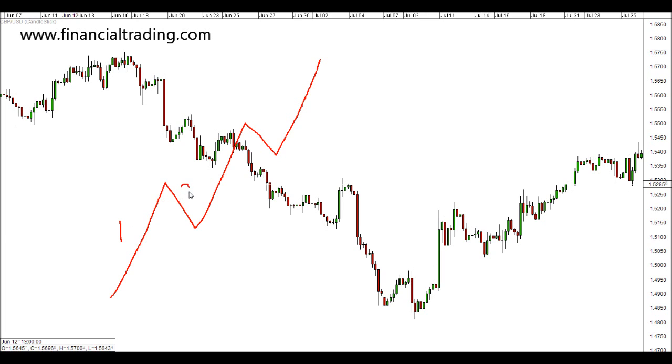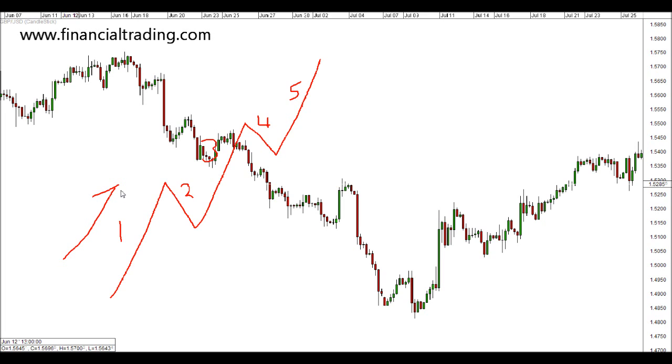And these pushes and pullbacks would be numbered: 3 pushes and 2 pullbacks. These pushes and pullbacks under the Elliott wave theory are referred to as waves. So we have 3 waves on the upside and 2 waves on the downside.